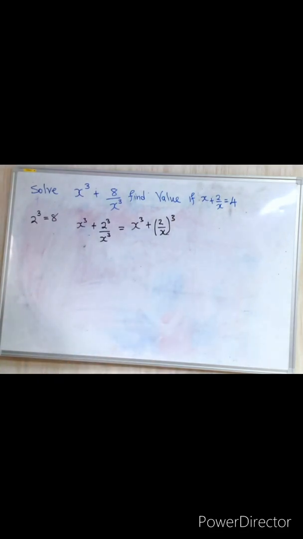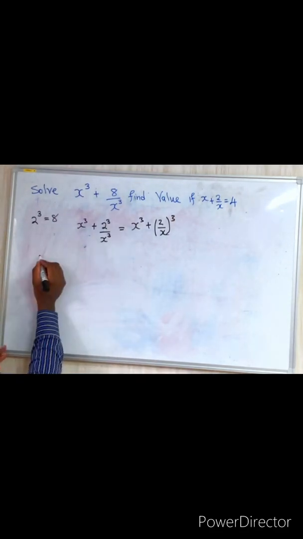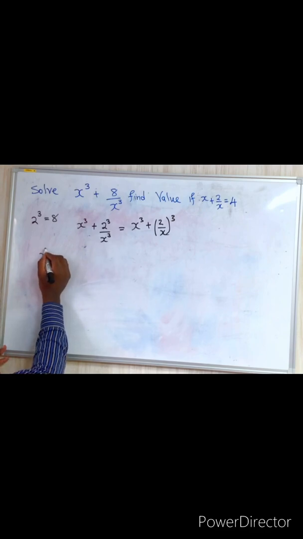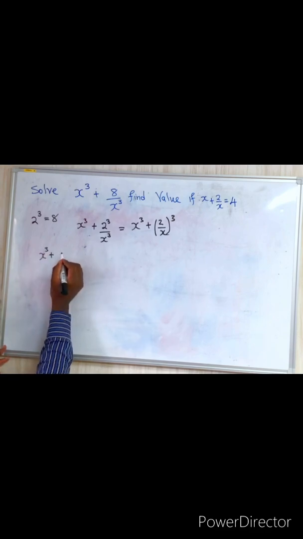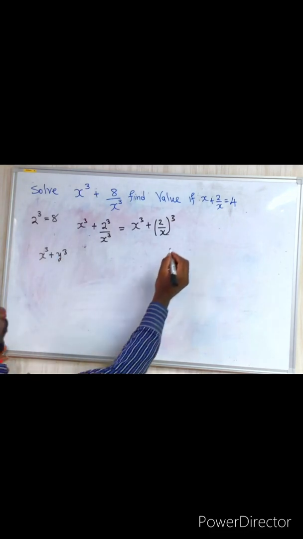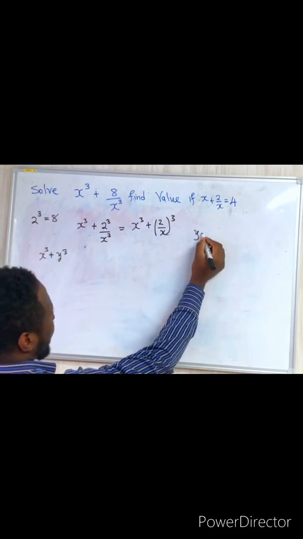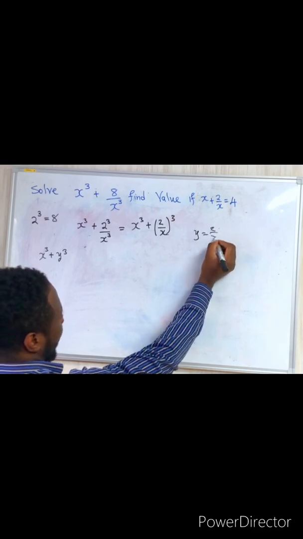So now looking at this equation, this is the same as x to the power 3 plus y to the power 3. This time around we should assume that our y was equal to 2 over x.